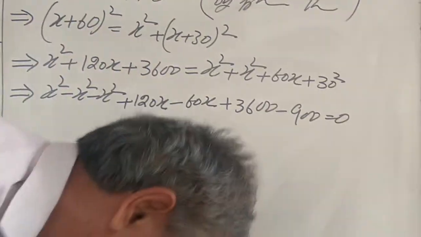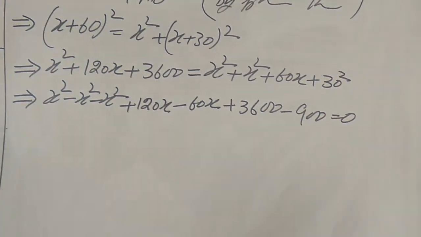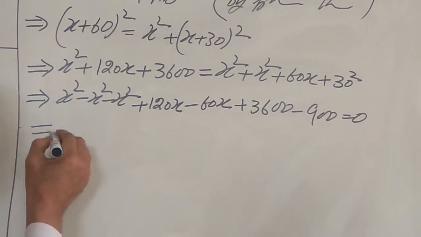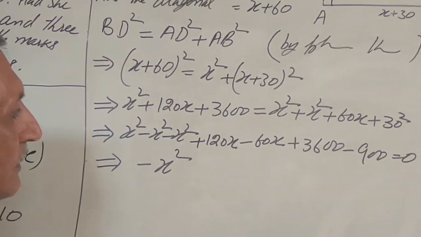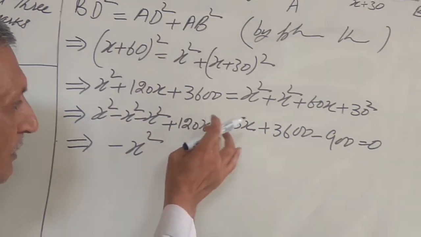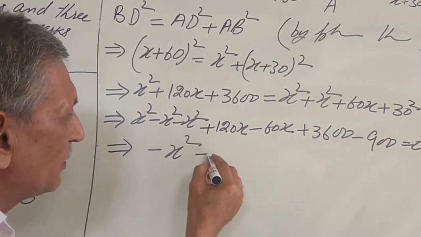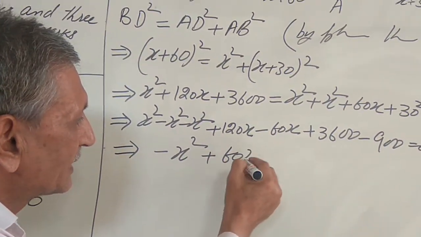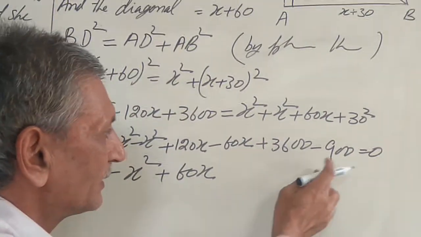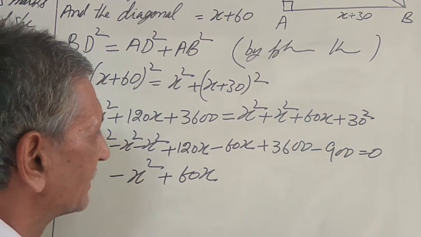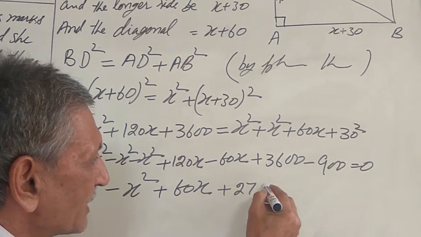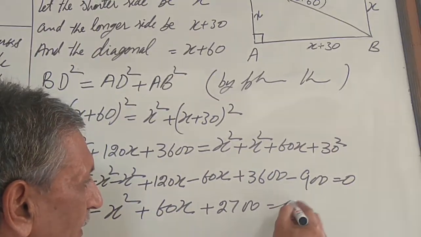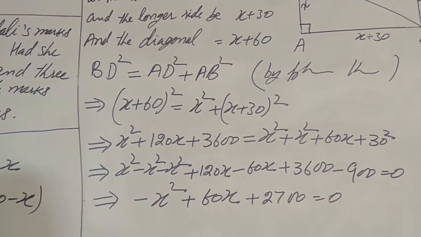So further, this gives you minus x square. This subtracted from this will give you 60x and this subtracted from this will give you 2700 is equal to 0.